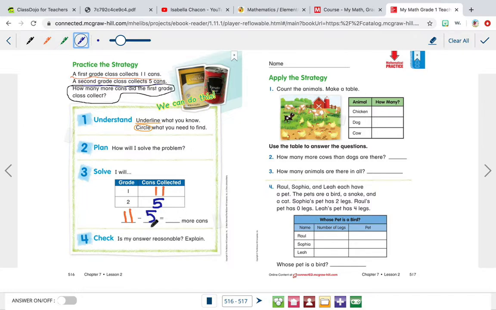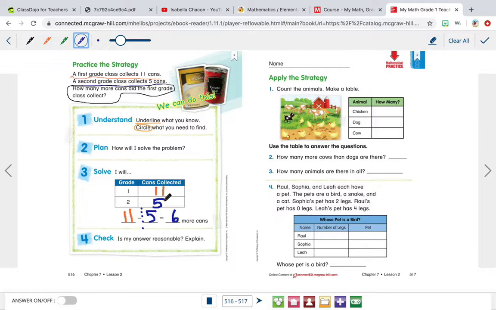Well, 5 is my smaller number, so I'm going to write 5 dots. 1, 2, 3, 4, 5. 11 is my bigger number, so I'm going to get 11 in my head and count back. Ready? 11, 10, 9, 8, 7, 6. So the first grade collected 6 more cans than second grade.